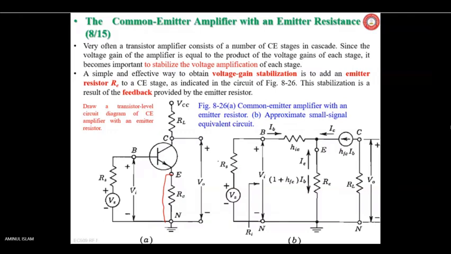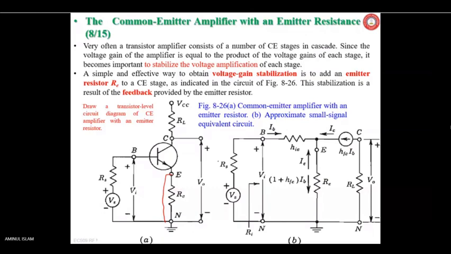So what is the advantage of this, and what are the differences in the estimated values of current gain, voltage gain, input resistance, output resistance, etc.? It stabilizes the voltage amplification. That is the first advantage, and it offers a feedback.